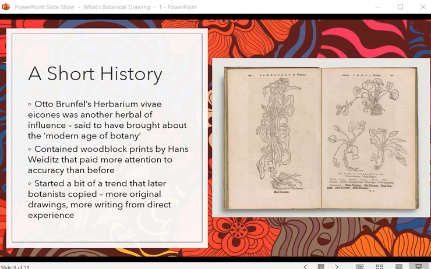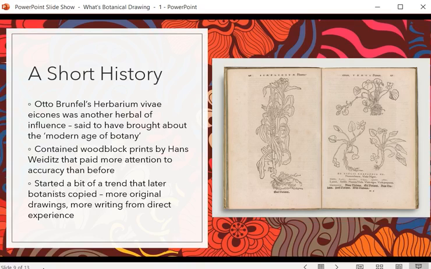Continuing on through history, Otto Brunfels' Herbarum Vivae Eicones was another herbal of great influence, and he's said to have brought about the modern age of botany. To the right here, you can see an example of some of the prints in that book.